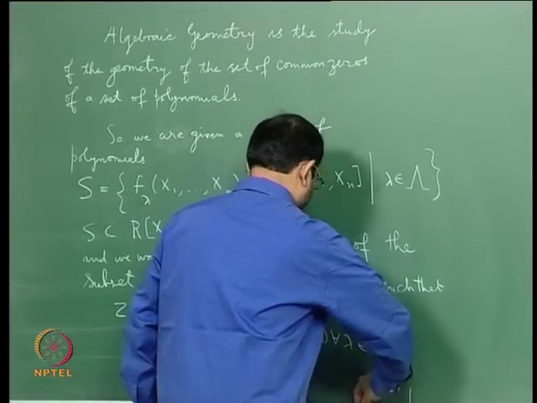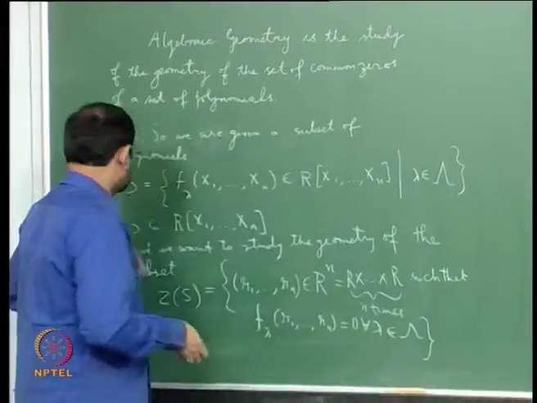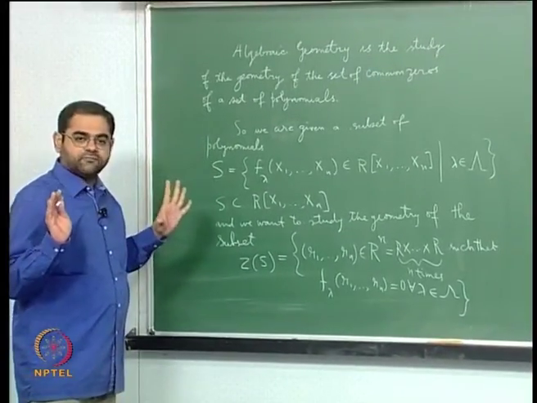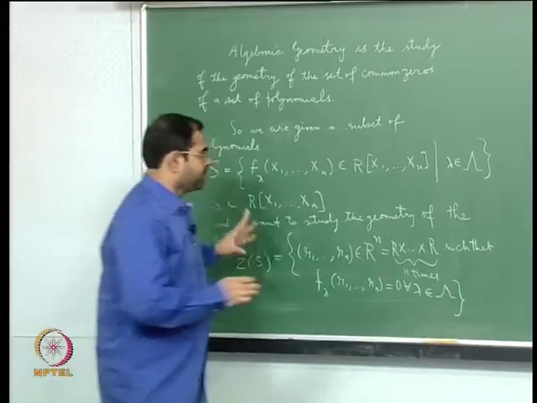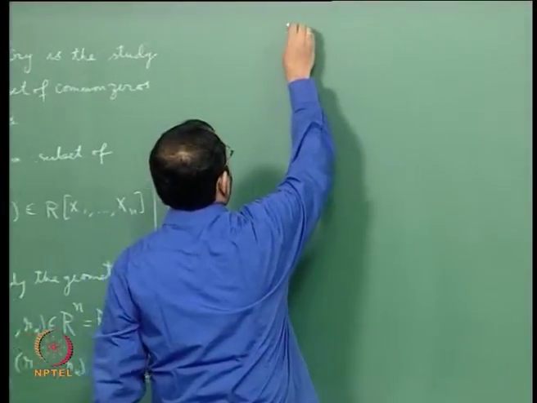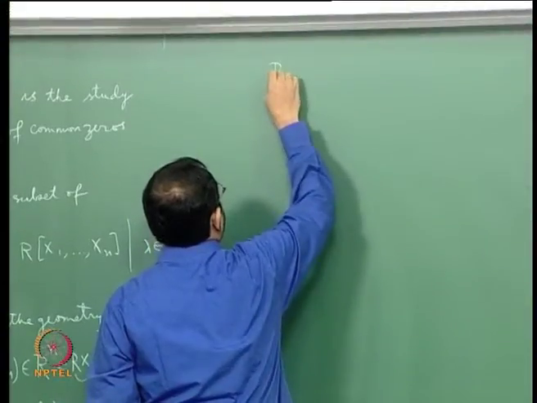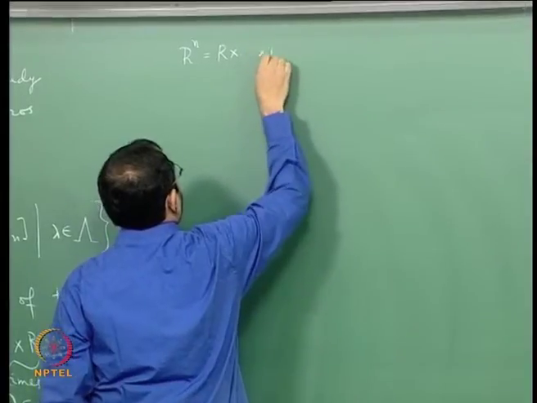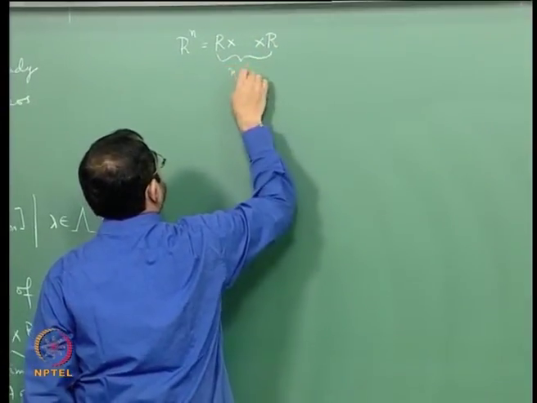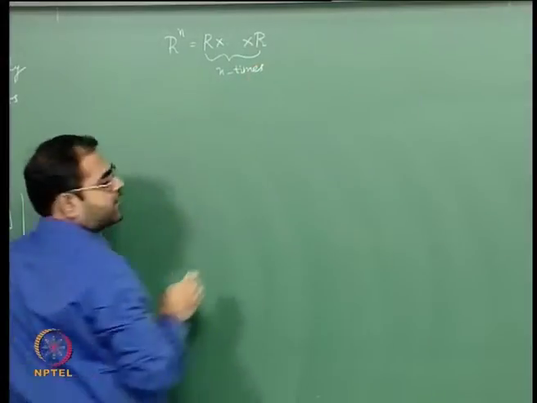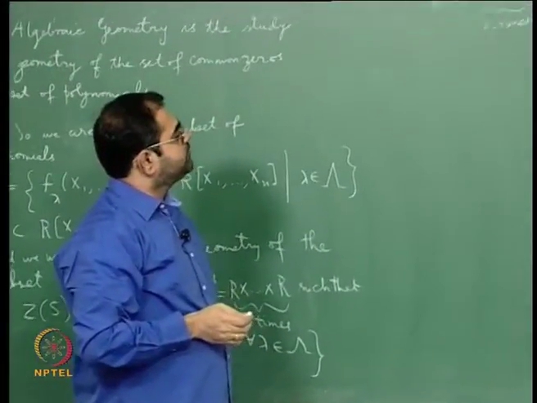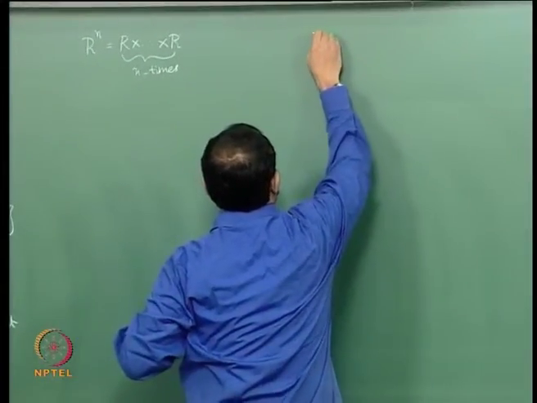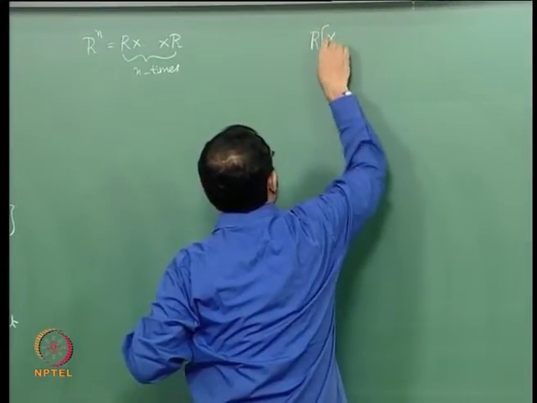So basically what is happening is that you already have two objects here. On the one hand you have Rn, which is R cross R n times, and on the other hand you also have the polynomial ring over R in n variables.